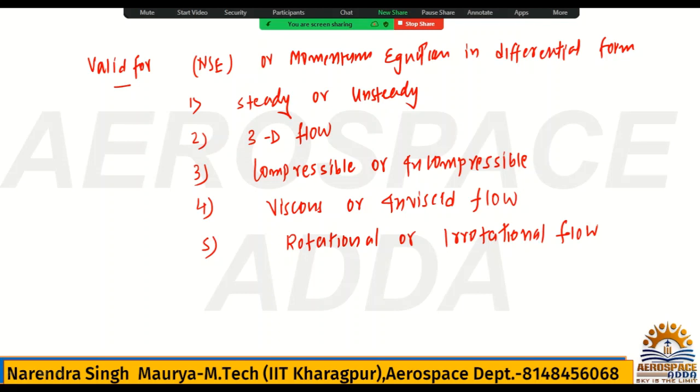So this is the validity of the equation that we have seen, and you need to remember it.